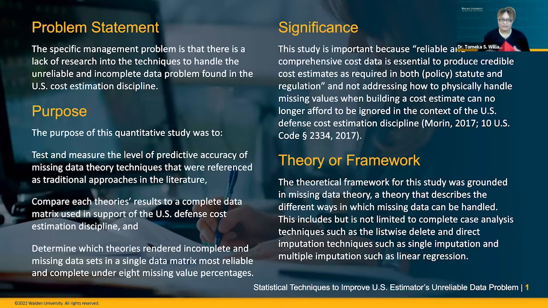The specific management problem that I realized, after going through the literature and looking at a lot of policy documents and expectations of cost estimators and cost engineers, is that there is a lack of research on whether there are any techniques to handle the unreliable and incomplete data problem in the US cost estimation discipline.